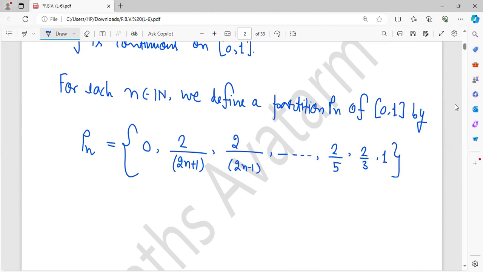So this is a partition of the closed interval [0, 1] for each n belonging to N.